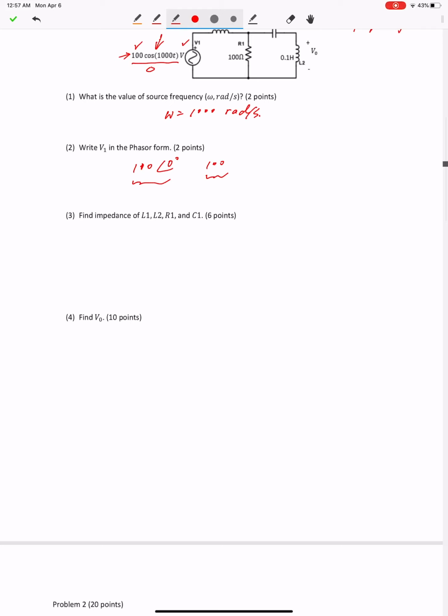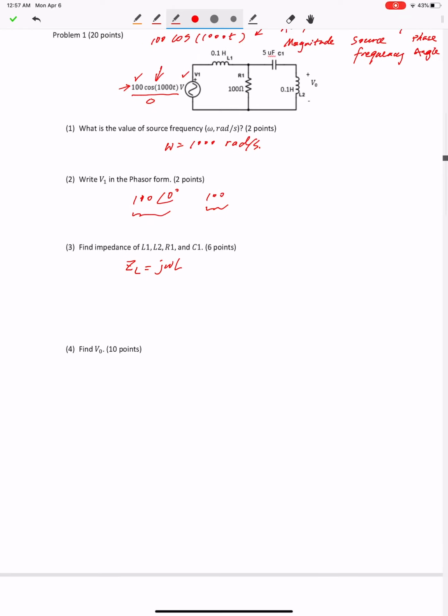Alright, and then the impedance for L1, L2, R1, and C1. For this question, you just need to use the formulas to calculate the impedance of inductors, capacitors, and resistors. For inductors, the impedance ZL is j omega L, and you found omega in the first question.